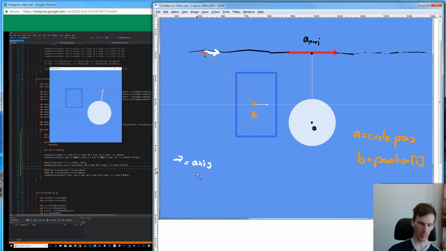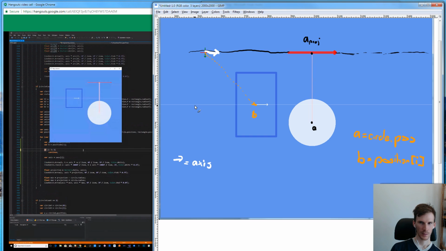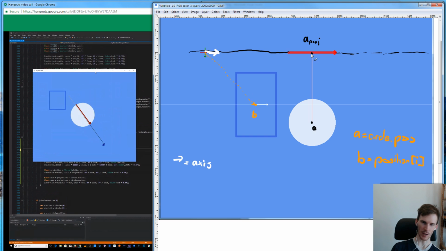So one thing that might make this easier is if we're working off axis 5 rather than axis 1. Okay. So we're happy with A and B and A project. So we have those 3 points.